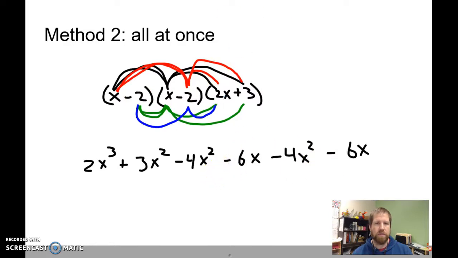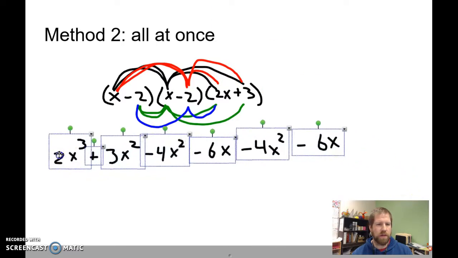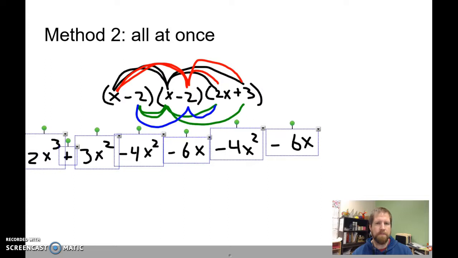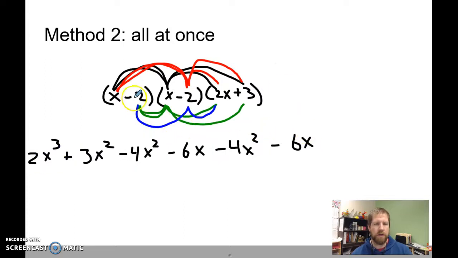Let's move some of this over, see if I get enough room to do it all in one. Alright, so negative 2 times negative 2 times 2x, so this would be a positive 4. 4 times 2x is going to be positive 8x. Okay.